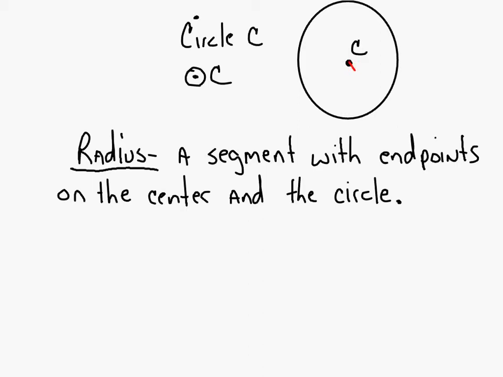So, right here, segment CD is a radius. You can also put that the radius is equal to the diameter, or D, divided by 2.